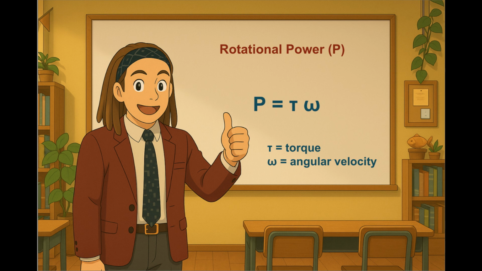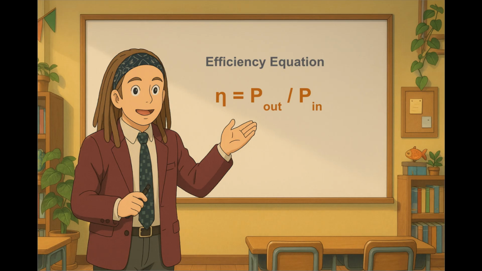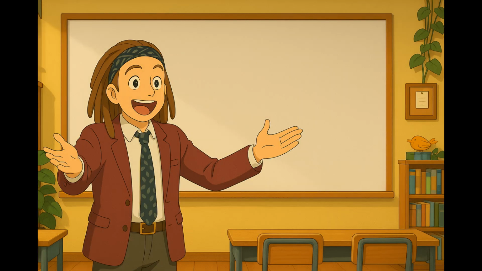Power, rotational: power equals torque times angular velocity, P equals tau omega. This is how we'll relate the engine's power to its torque. Efficiency: efficiency equals output power divided by input power, eta equals P out over P in. This allows us to account for losses in the drivetrain. We'll also need conversion factors for velocity and rotational speed. Let's put these into action step by step.